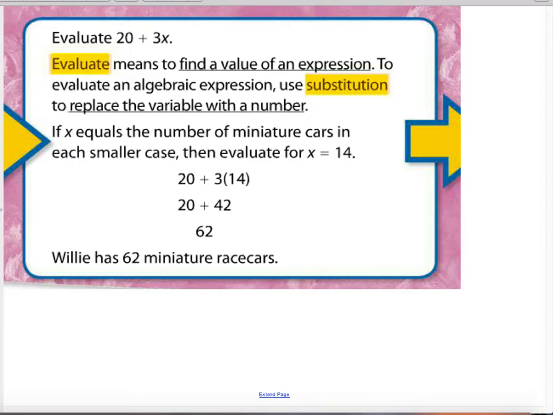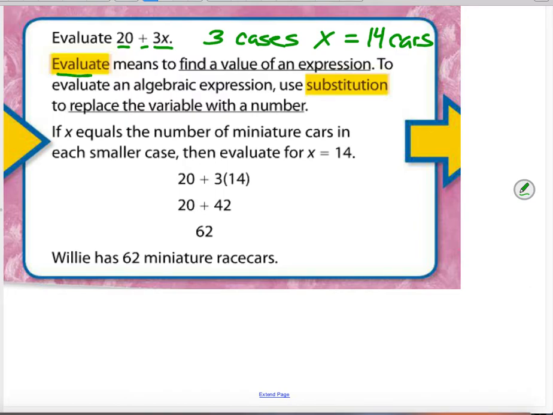Our expression that explains how many cars Willie has is 20 plus 3x. The 3x represents 3 cases of cars, and the x is how many cars are in each case, which would be, in this case, 14 cars.